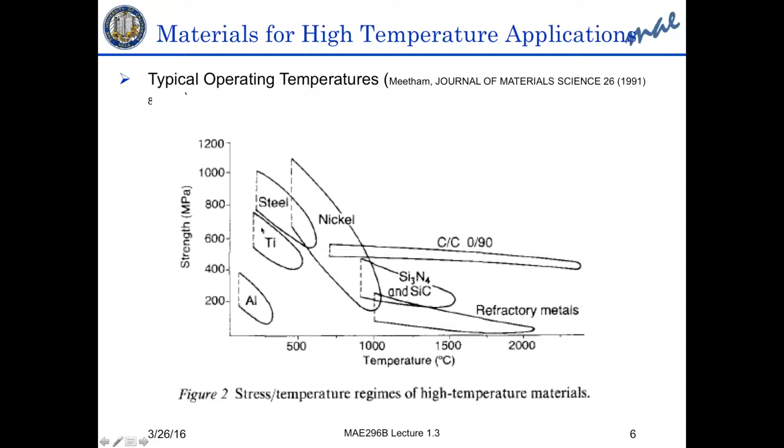And then above the aluminum, you get titanium alloys. These are light metals used in some aircraft. Stealth aircraft, for example, the skin of stealth aircraft is made of titanium because it's very strong and light, but the upper temperature capability is still limited. As the temperature increases, then you notice the strength decreases in general.